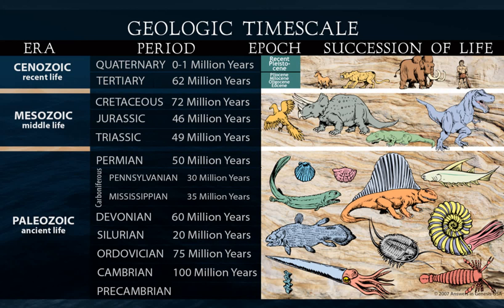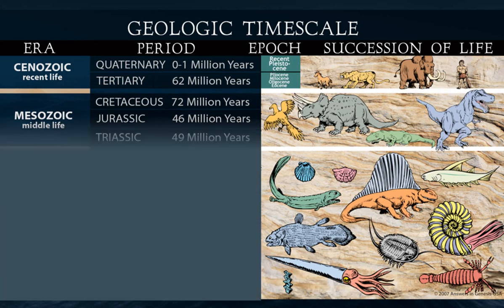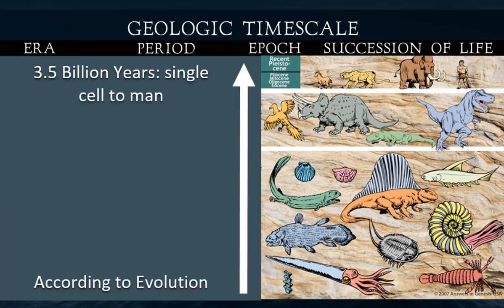So according to evolution, the timeline represents 3.5 billion years from a single cell all the way up to man. This is what most people believe today. Is this the correct interpretation of the rocks that we see in the Grand Canyon?